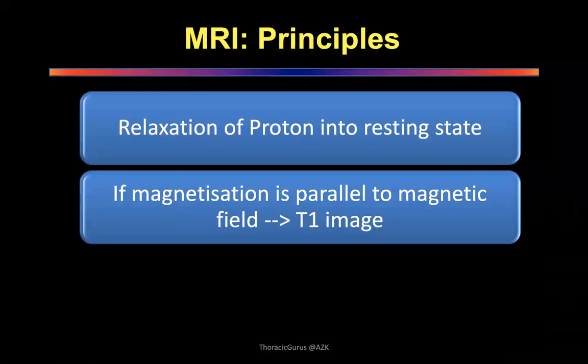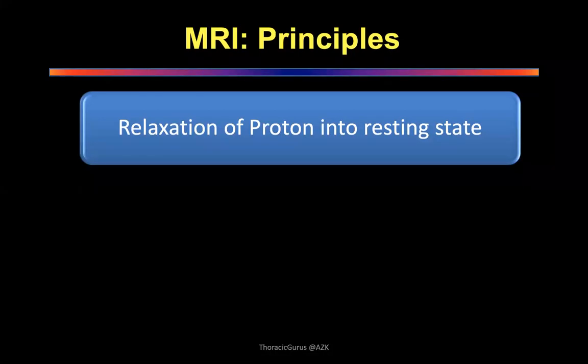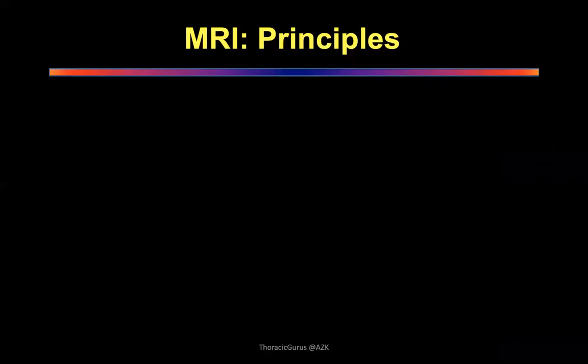Okay? So it's a very simple concept. H1 ions, apply magnet, shift of H1 ions, that shift is equal to a dot on a screen. And multiple thousands of shifts of dots get reconstructed into an image.